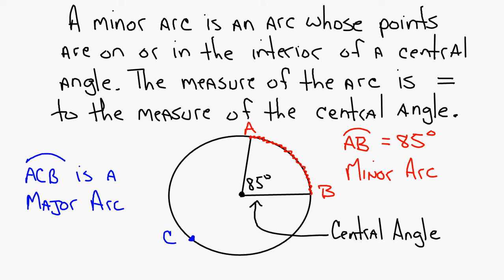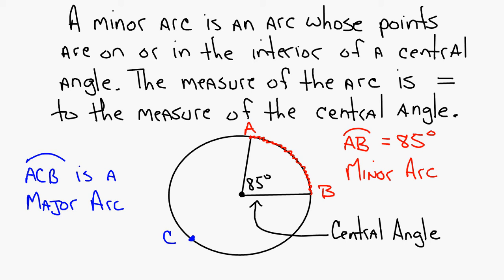So will major arcs always consist of 3 points or more? Major arcs are always described with 3 points, because if you described the major arc AB, it gets a little confusing. When you're describing arcs, you go from one point directly to the second point in the description.